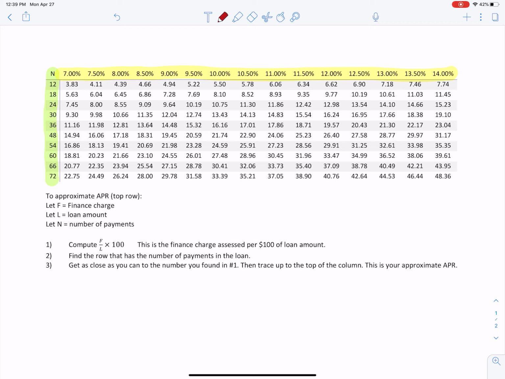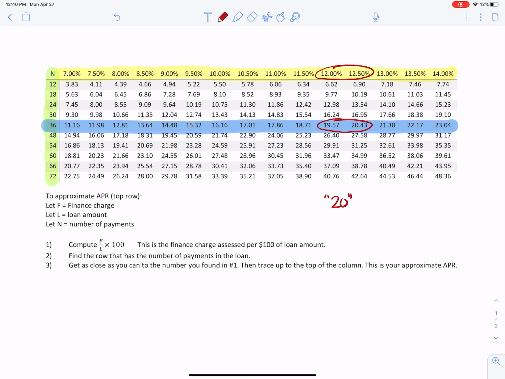So we are looking at 36 payments. So we want to be in this row right here. And we know that our magic number is 20, which notice is right in between those two. In fact, it is just as far away from 19.57 as it is to 20.43. So this leads us into a very unique situation.